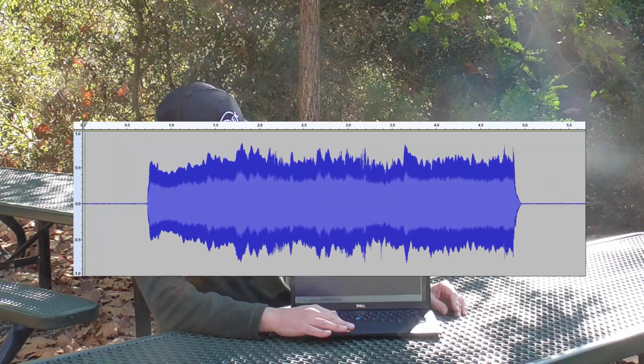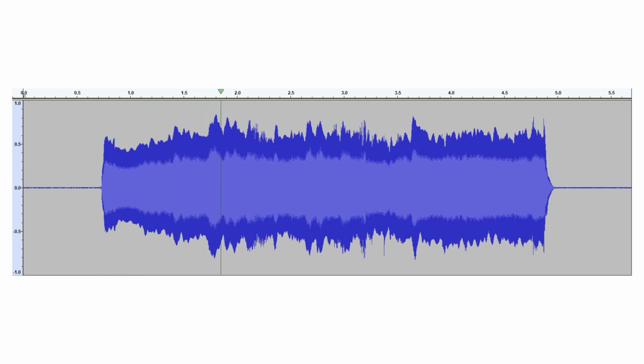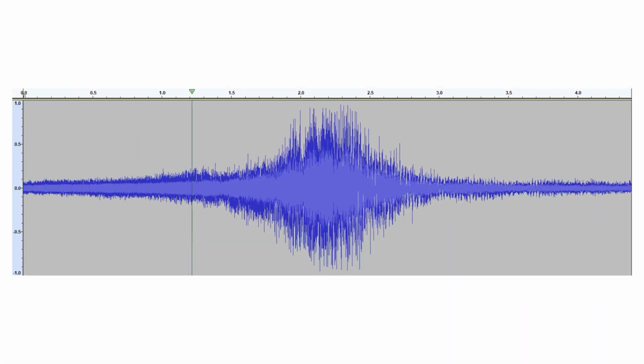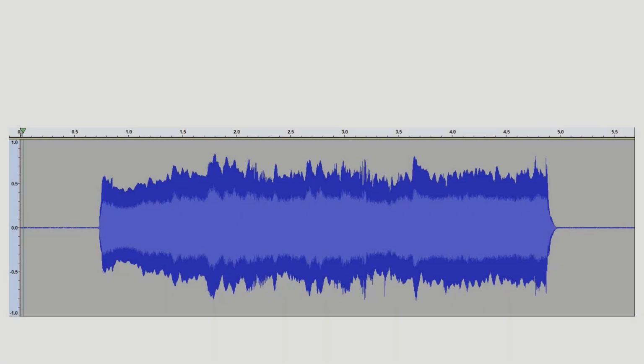We're going to start by listening to the sound from inside of the car. And now let's listen to the sound from outside of the car. Let's take a closer look at these sounds.